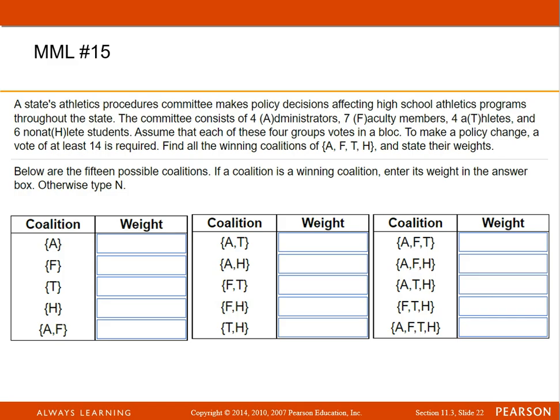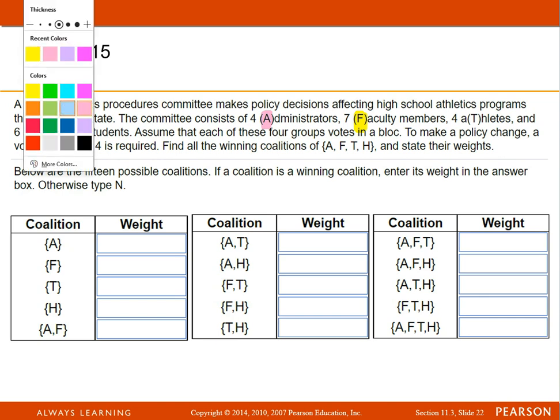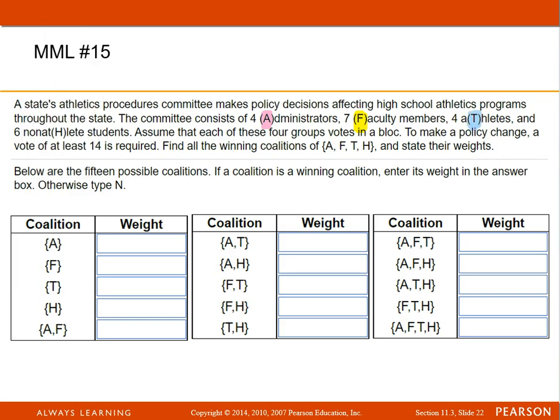The committee consists of 4 administrators, they're using A for administrators, 7 faculty members, using F for faculty members, and because A was already used, they're using the letter T for athletes, and there's 4 of those. I should be highlighting the numbers too: 7 faculty and 4 administrators.